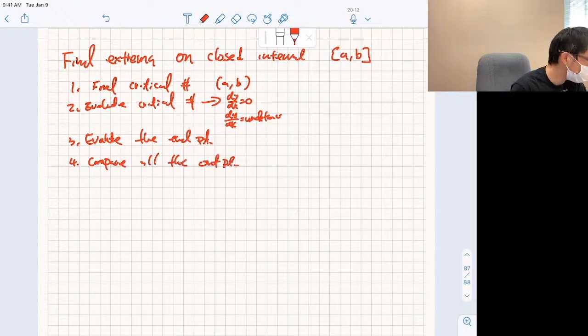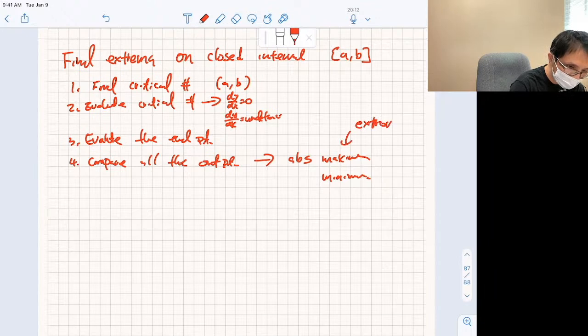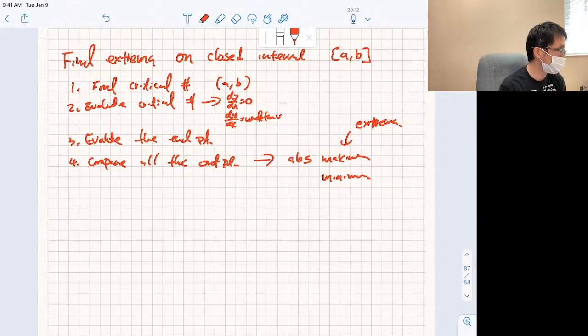I think that's probably the best way to think about it. You can find the absolute maximum and the absolute minimum, which is what's called the extrema.